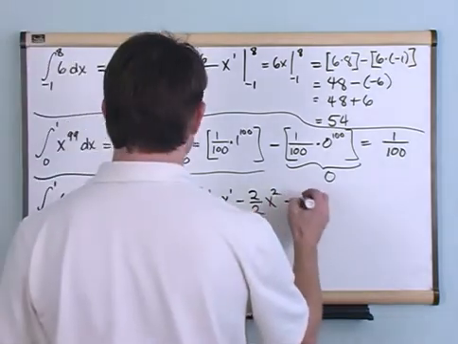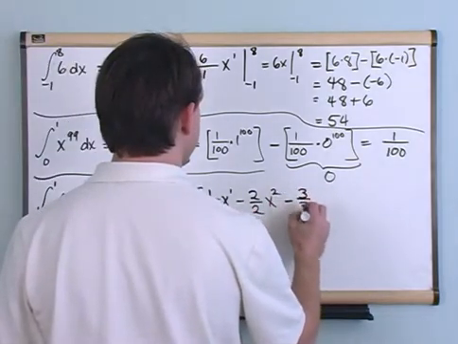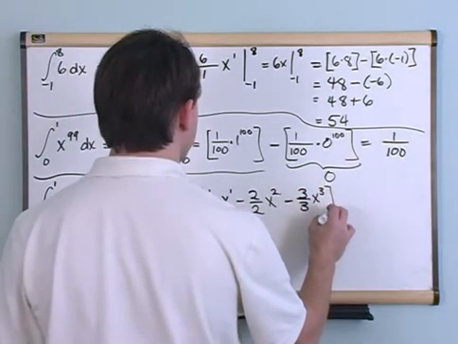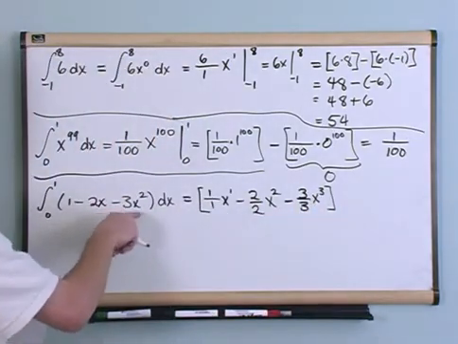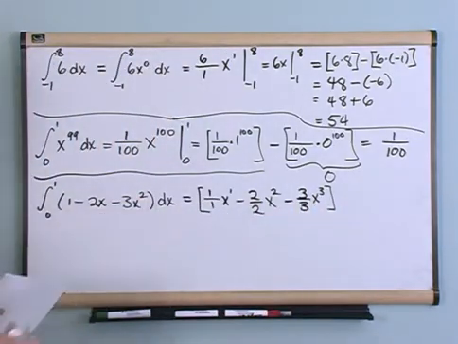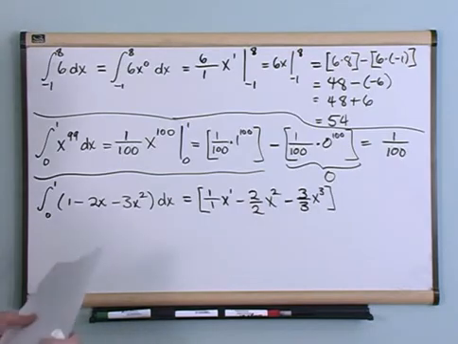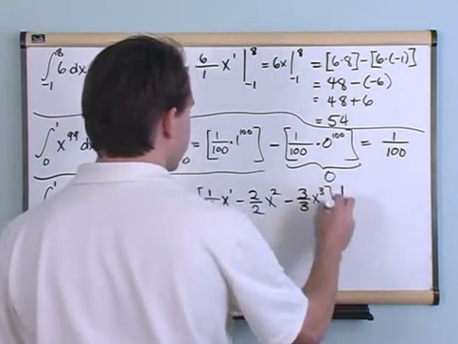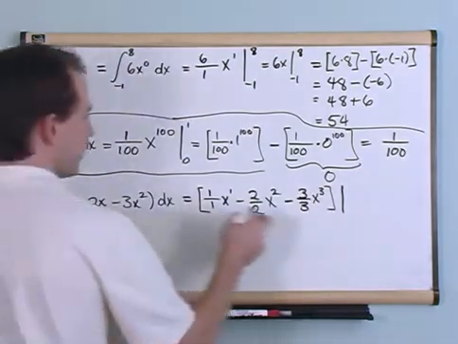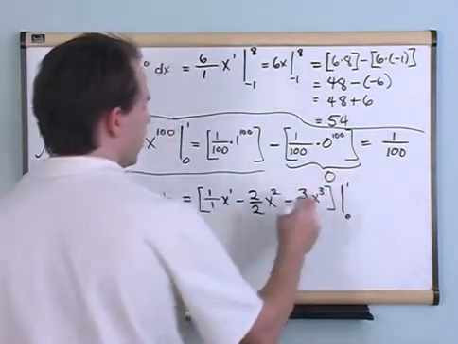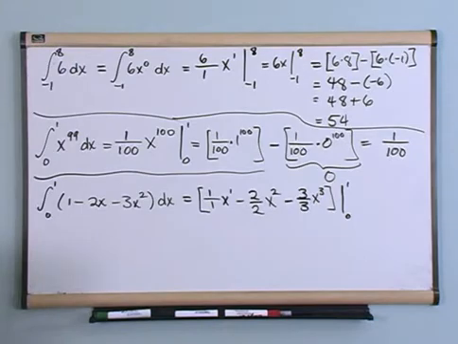And then over here, for the same reason, you'll have 3 over 3x to the 3rd power. When you integrate that, 2 plus 1 is 3, so that goes into the denominator of that fraction and also in the exponent. Now don't forget that we've integrated it, but our limits of integration are from 0 to 1, so we need to go ahead and keep that there.